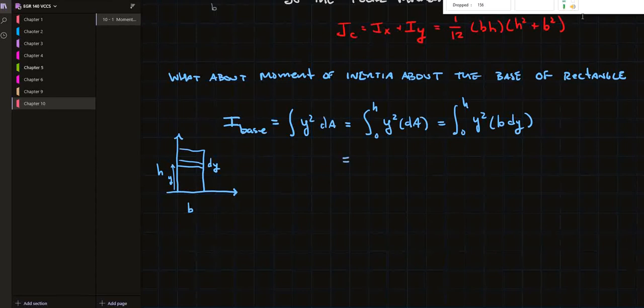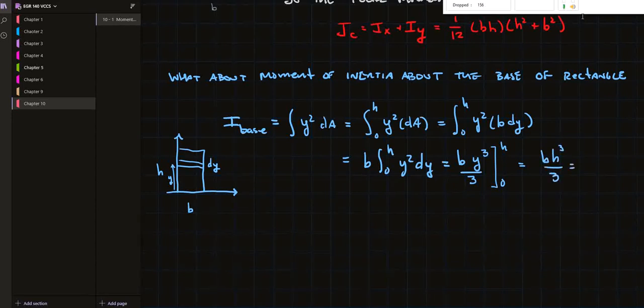So this equals b times the integral from 0 to h of y squared dy equals b times y cubed over 3 evaluated from 0 to h equals bh cubed over 3.